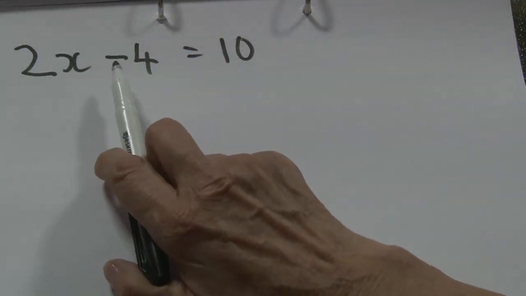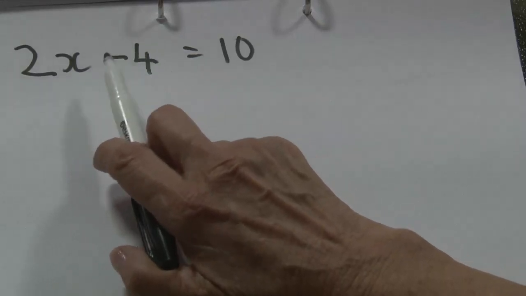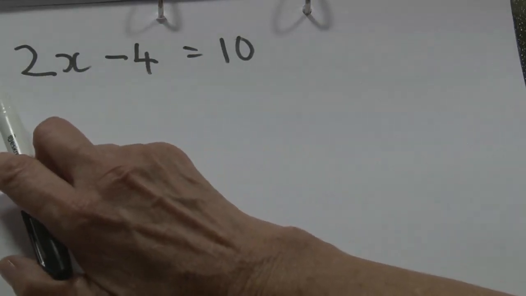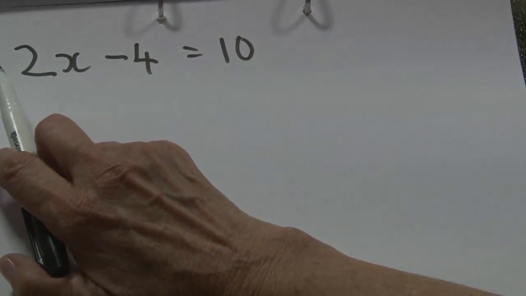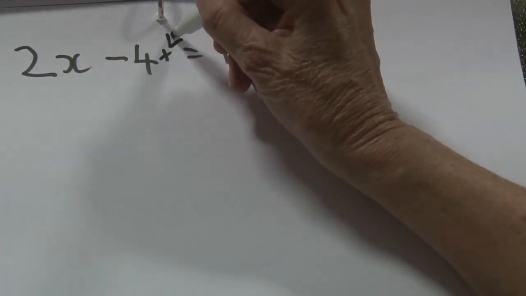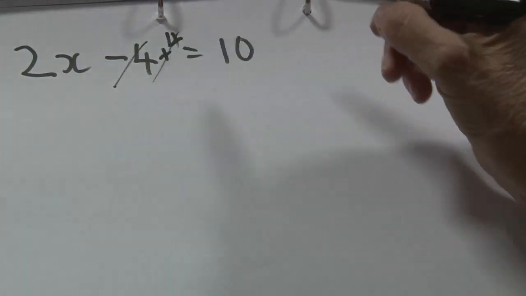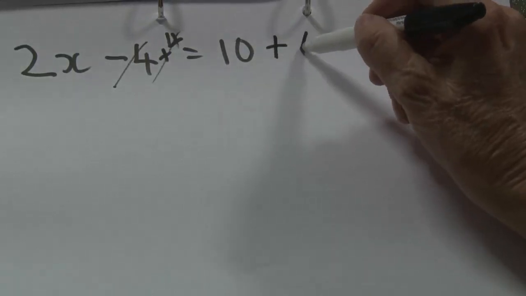It's subtraction. So I have to get rid of this minus 4. I have to put in a plus 4. So if I add 4 on this side, the 4 can be cancelled. What I do on this side, I should do on this side.